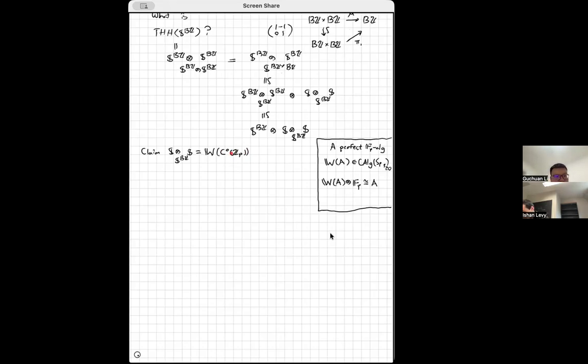And so what is this continuous functions on Z_p? Z_p has a topology, and when I say continuous functions, I mean continuous functions from Z_p with its p-adic topology to F_p with its discrete topology. So these continuous functions under pointwise multiplication and addition form a perfect F_p algebra.